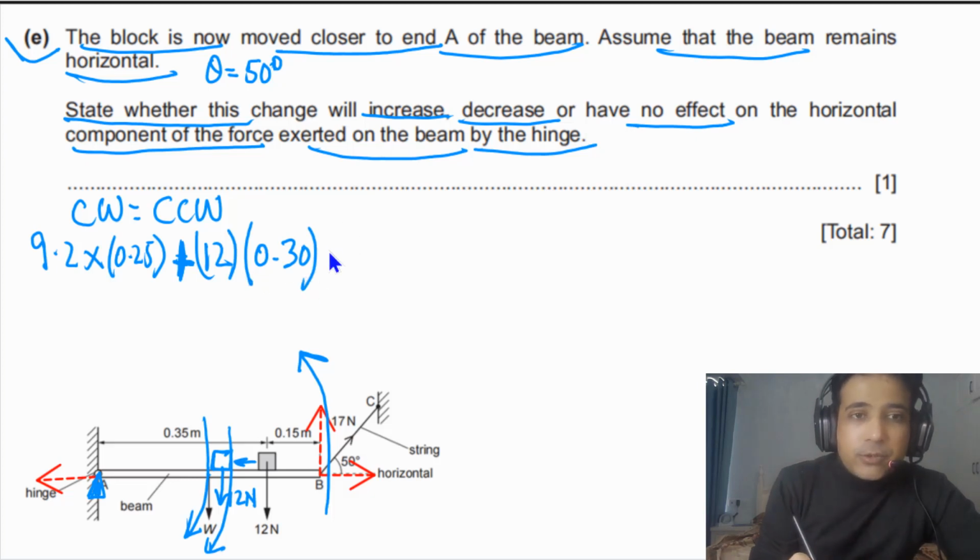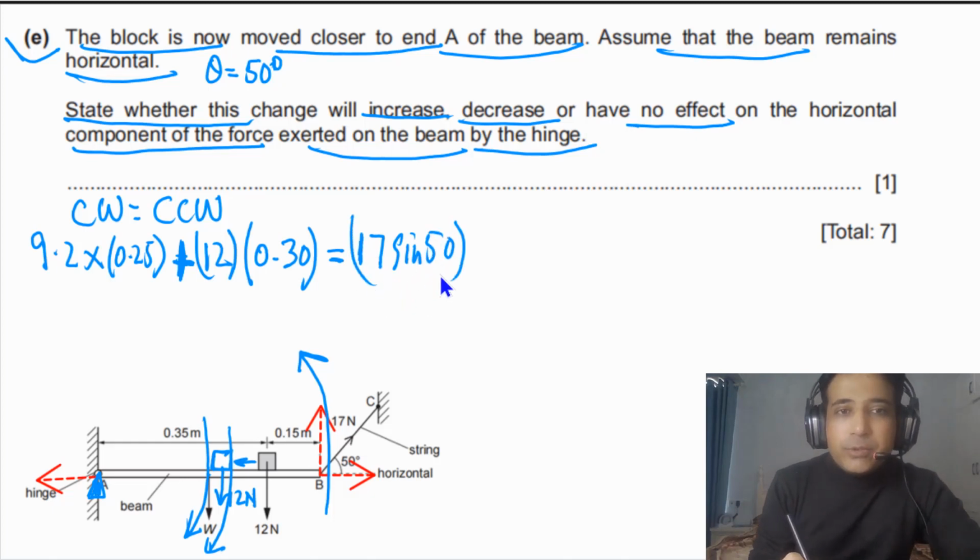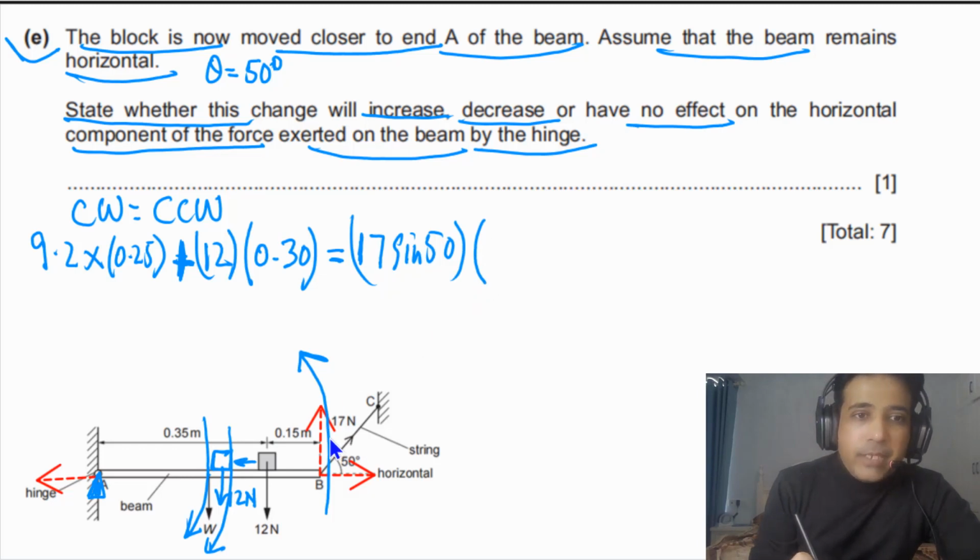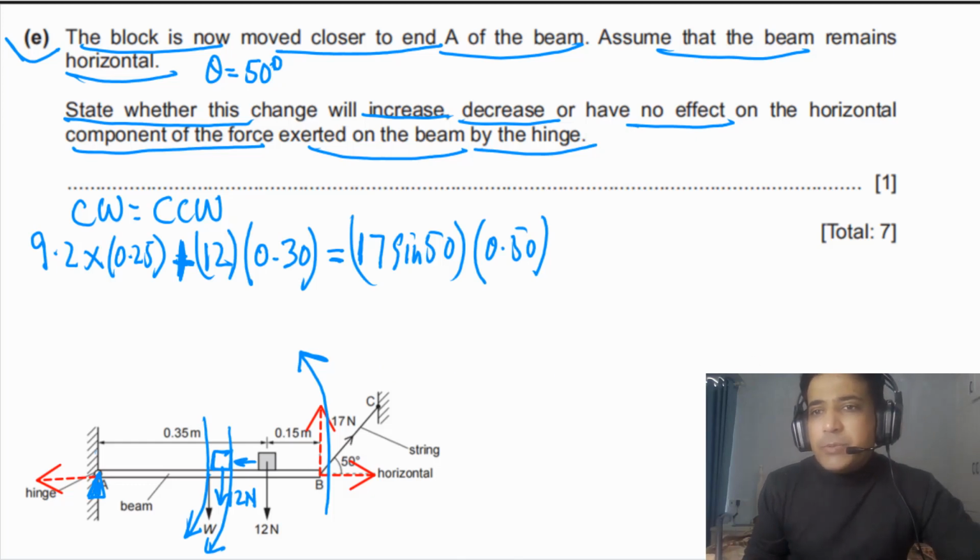So I will explain how we can do it without calculations. And this one has to be equal to the vertical component of the tension, that is equal to 17 sine of 50 degrees. We will just write this down, no need to write down 13, multiplied by its distance from the pivot, that is equal to 0.50.